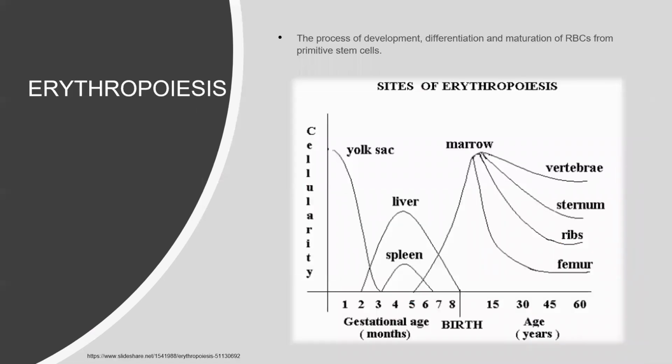Let's go to erythropoiesis. Let's talk about hematopoiesis in general. Hematopoiesis describes the production of cells that circulate in the bloodstream, right? Erythropoiesis is the process by which red blood cells are produced.